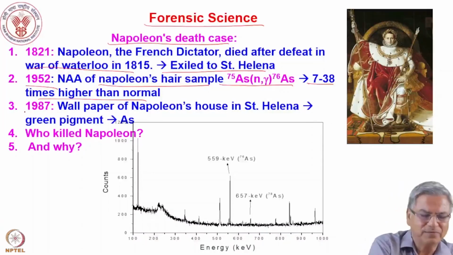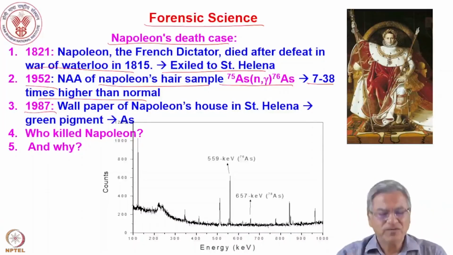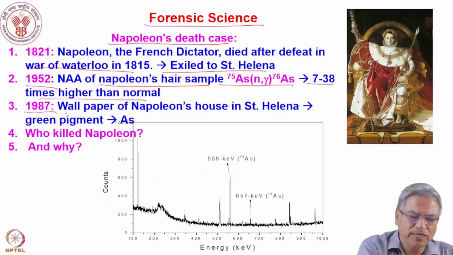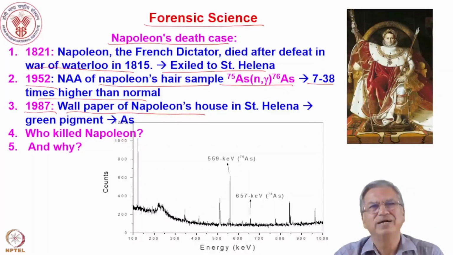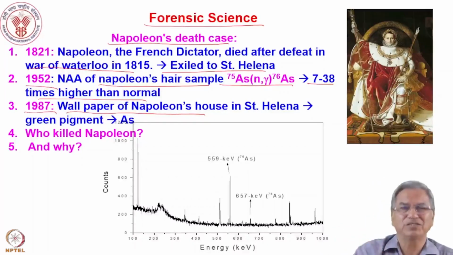In 1987, this investigation was going on. They wanted to investigate where the arsenic in the hair came from. They found that there was a wallpaper in Napoleon's house in St. Helena, and the pigment in that wallpaper contained arsenic.